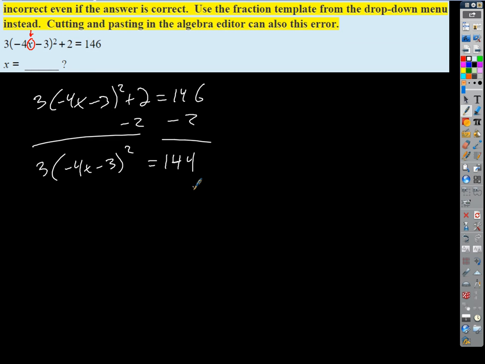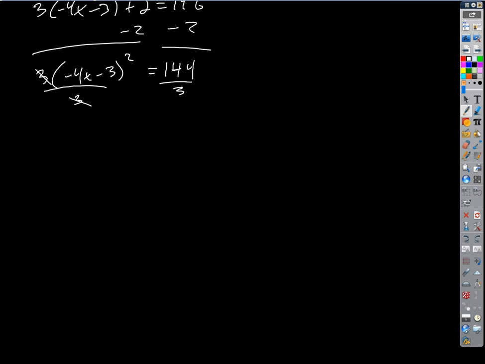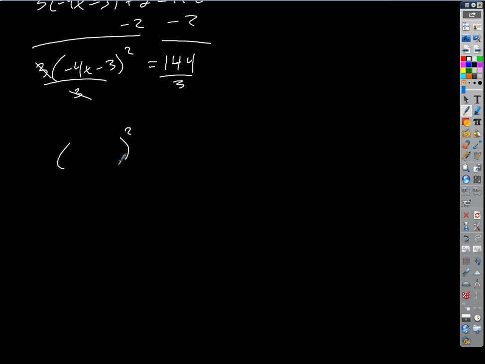Then we're dividing by 3. So then I get something squared equals 48. And the something squared is -4x minus 3, but we don't even care yet, because what am I doing next? Square rooting both sides. When I square root both sides, what do I have to include? Plus or minus. Very good.